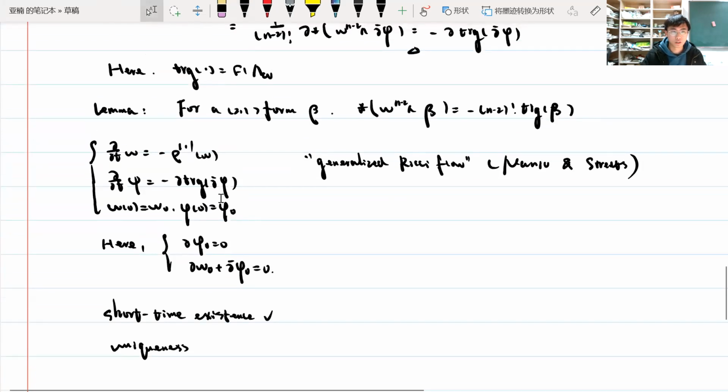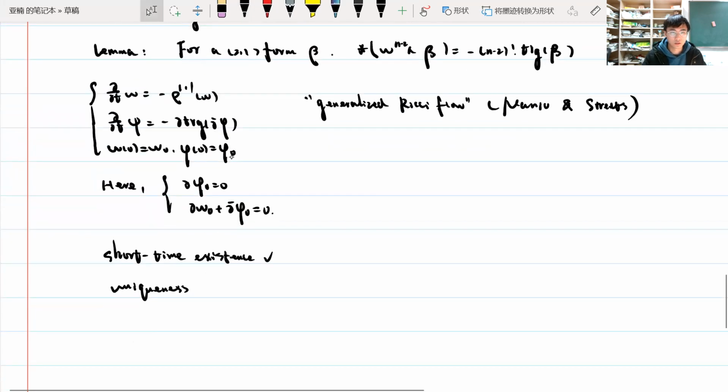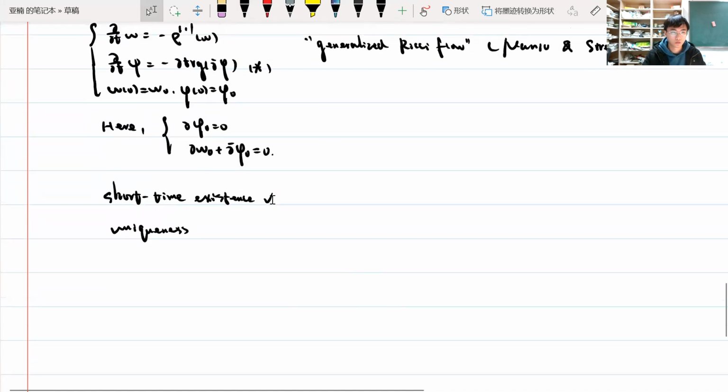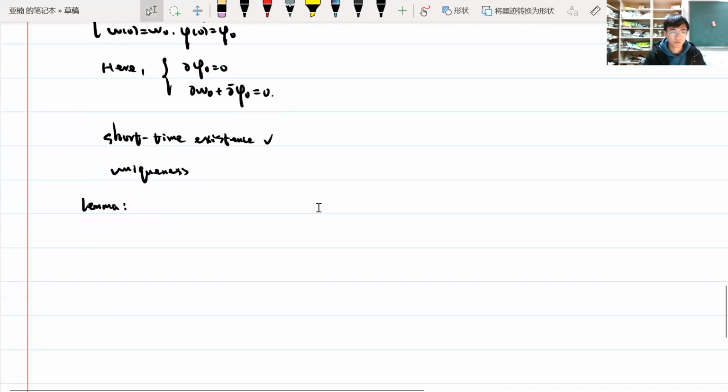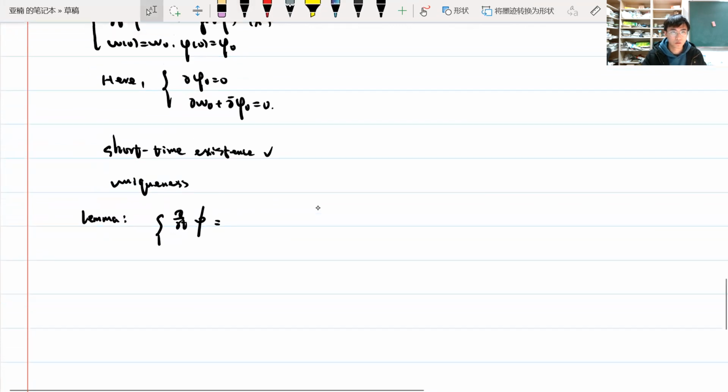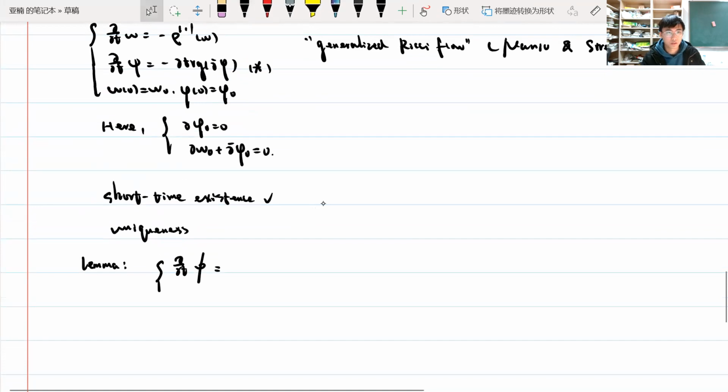The only thing we need to check is the uniqueness of the second equation. Actually, we have the next lemma. And this type of equation is a parabolic equation.